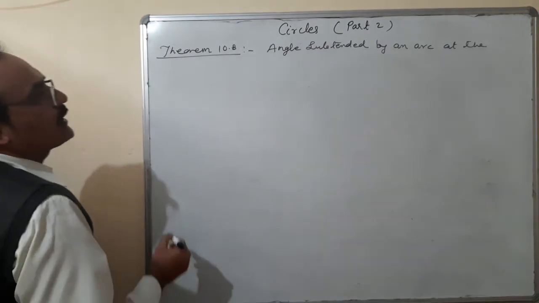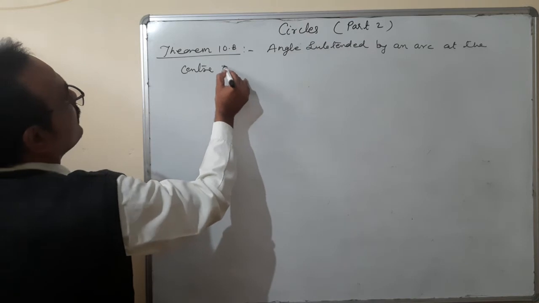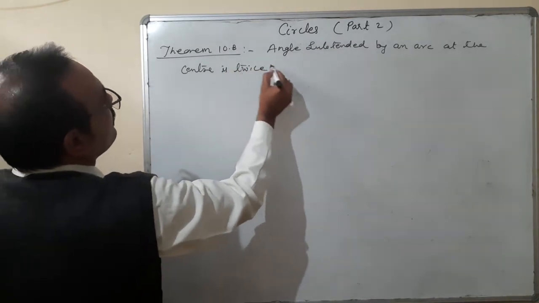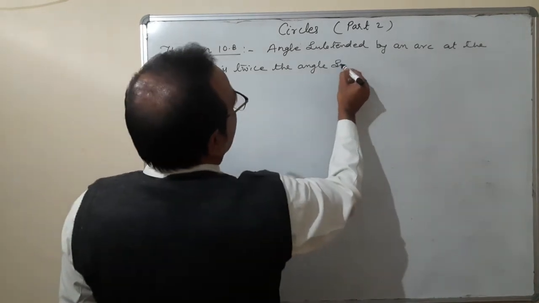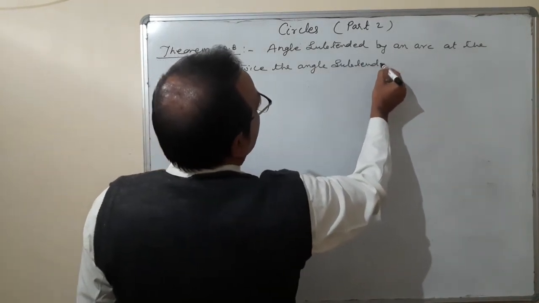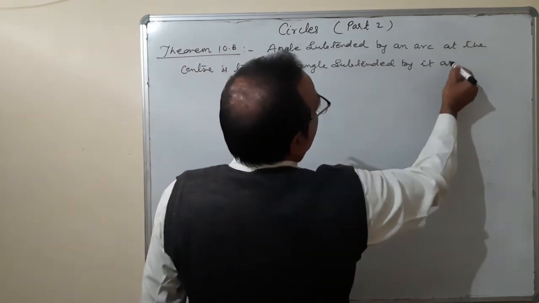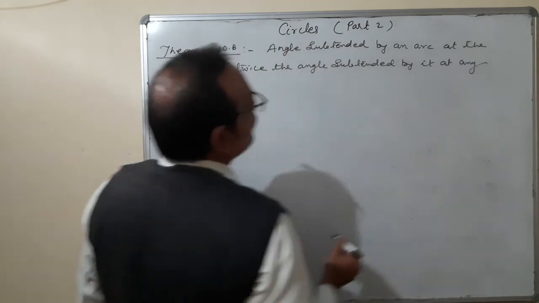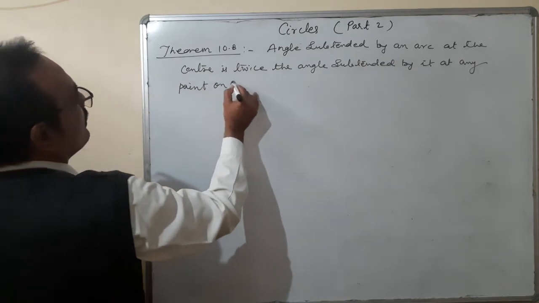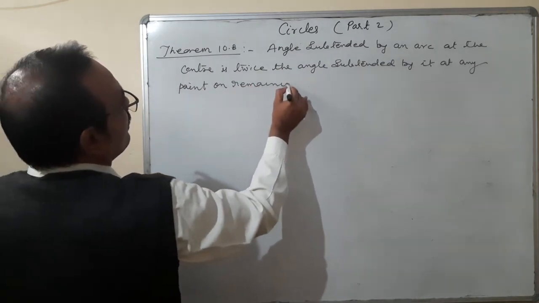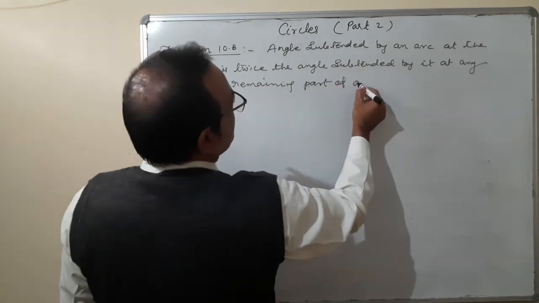Angle subtended by an arc at the center is twice the angle subtended by it at any point on the remaining part of a circle.